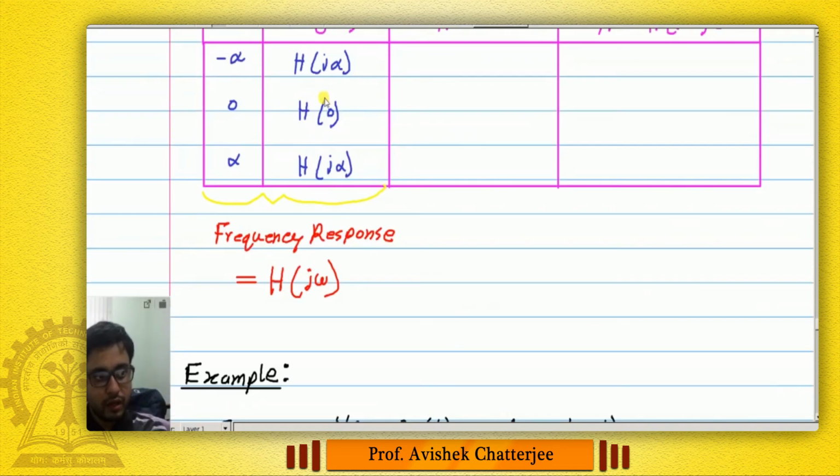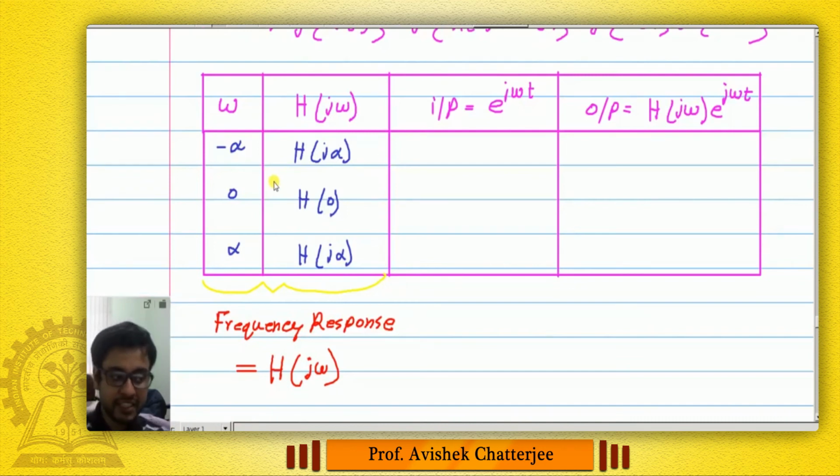So this table summarizes the behavior or output of a system for all possible inputs, and this single function H(jω) encodes this entire table. So if you know this function H(jω), you can calculate the output for any input.